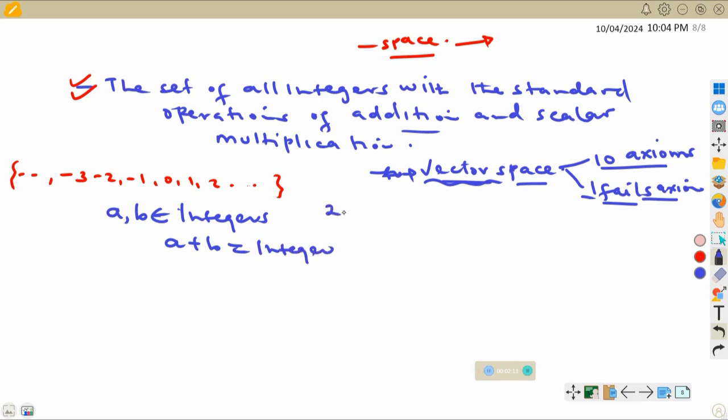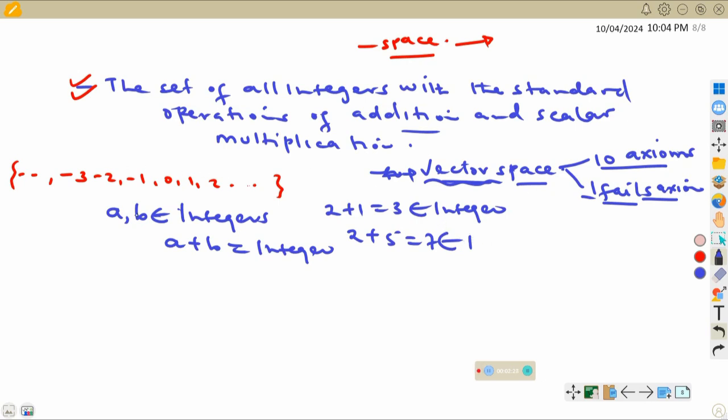In other words, when you get 2 plus 1, you will get 3, which is an integer. That is true. When you get 2 plus 5, it will be 7, which is an integer. So that is also true.